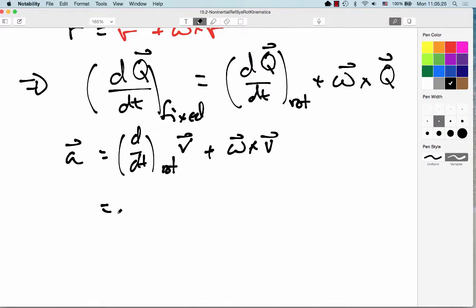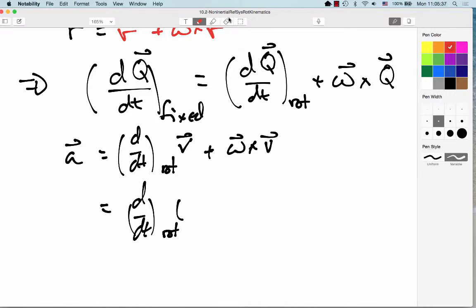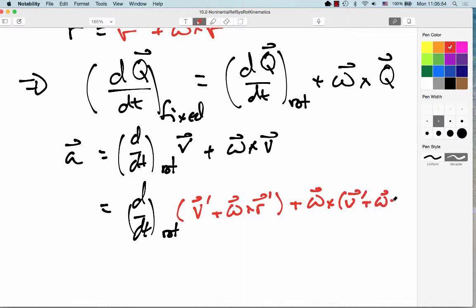So that will be equal to, again, the time derivative in the rotating frame of v prime plus omega cross r prime, plus, we'll have an omega cross v prime plus omega cross r prime.